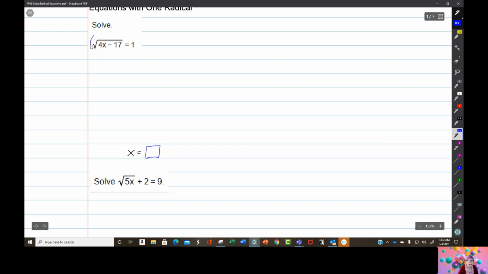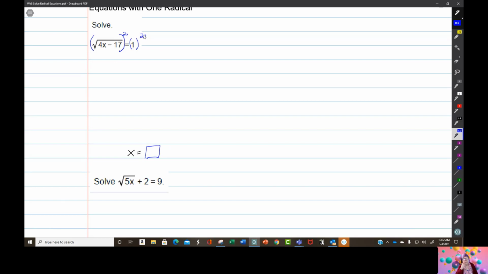So we're going to explode the radical by squaring that side, and for sure, whatever we do to one side, we have to do to the other. So I have to square the other side as well.